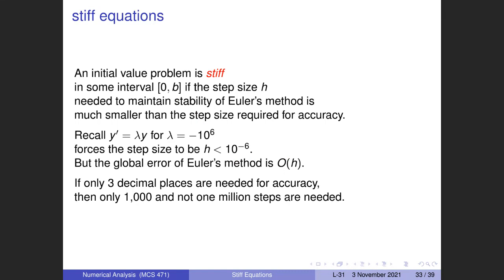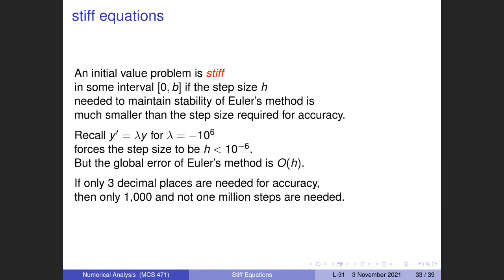All right, we then have another definition: the stiff equation. We have actually seen an example of a first stiff equation. The initial value problem is called stiff if we have a step size that must be so much smaller than what you may expect from the method.